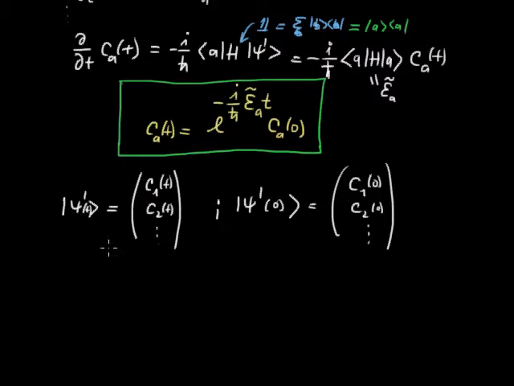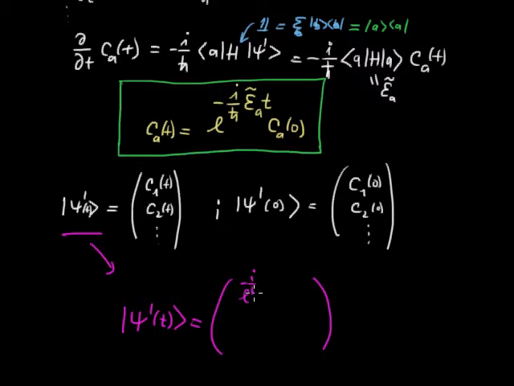So I can write this result in the following way: psi dash of t equals a matrix which has on its diagonal all these elements, e to the minus i divided by h bar epsilon 1 tilde t, e to the minus i divided by h bar epsilon 2 tilde t, etc., and everywhere else 0. And I multiply this by c1(0), c2(0), etc.